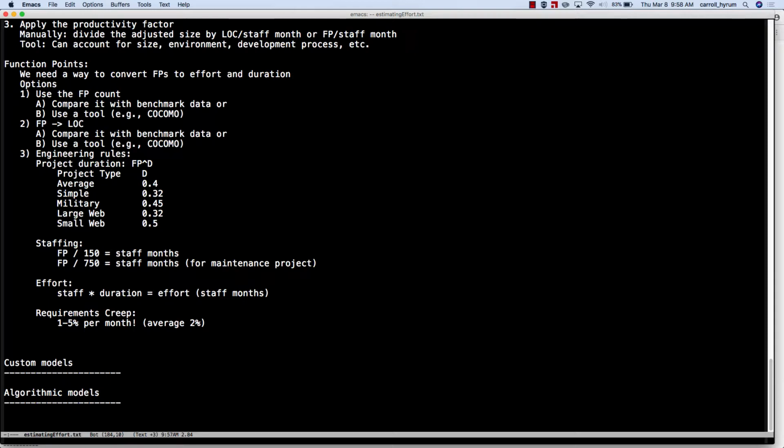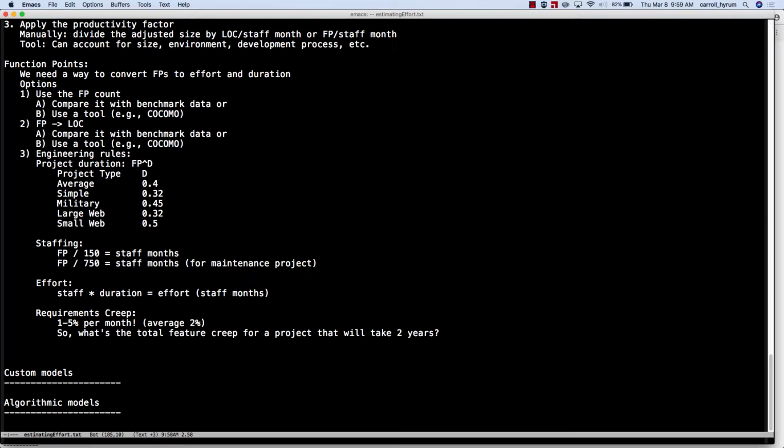So what's the total feature creep, another way to say requirements creep, for a project that will take 2 years? How do we calculate that? The project's going to take 2 years.